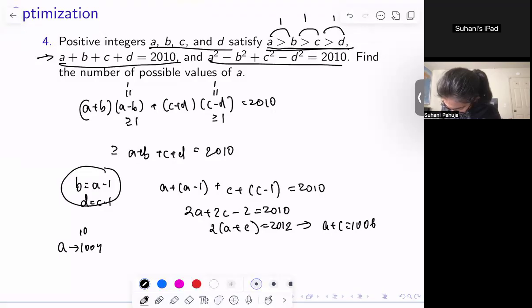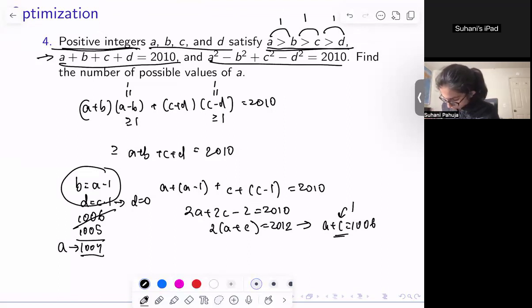The reason why 1005 does not work, and obviously 1006 does not work, is because that would force c to be 0, but these are all positive integers. 1005 does not work because that would mean that c is 1. And then if c is 1, d is equal to c minus 1, so that would mean that d is 0. And again, all of these a, b, c, and d are positive integers. So that means the maximum value of a is 1004.